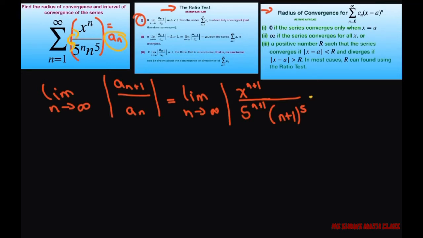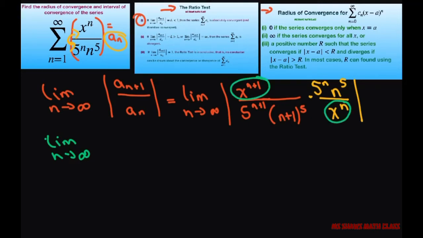So we're just multiplying by 5 to the power of n times n to the power of 5 divided by x to the power of n. So let's simplify this. We're going to get the limit as n approaches infinity. And looking at this, if you look at this right here, this is just going to be absolute value of x.